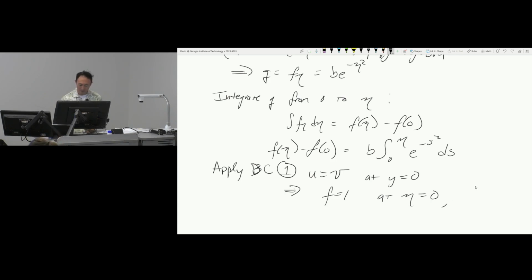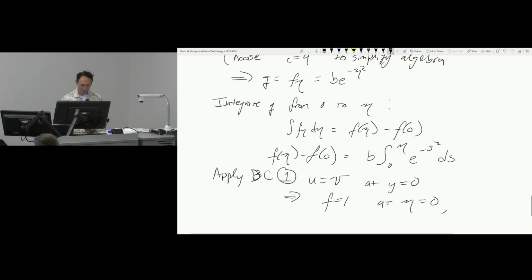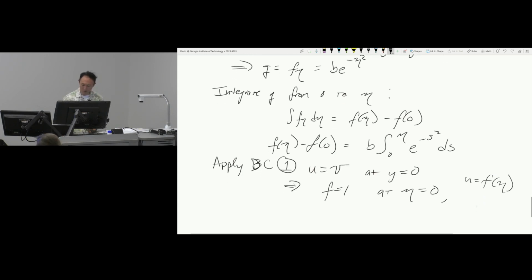Okay. Remember, f was the velocity. Remember, we had u is equal to f of eta. So f is just equal to 1 at basically y equals 0. And remember, eta was equal to y over square root of c nu t.